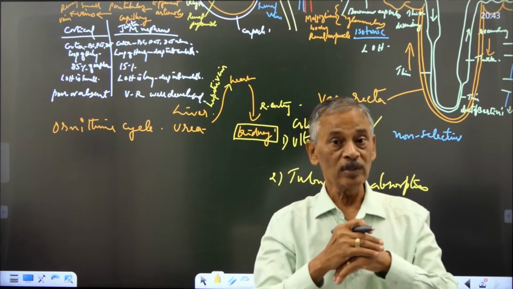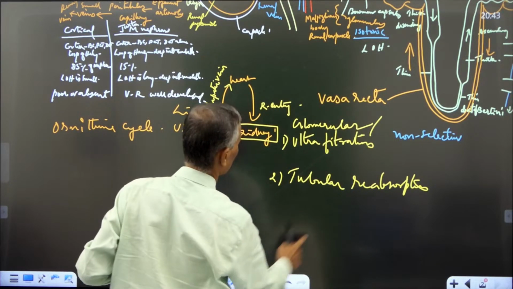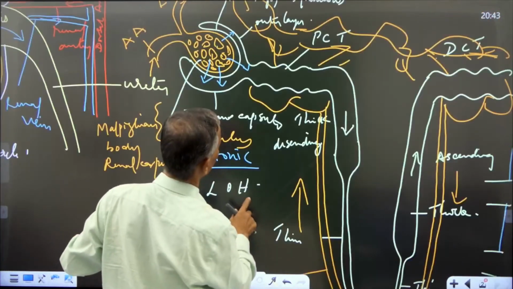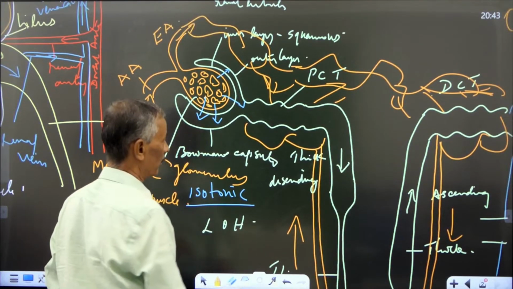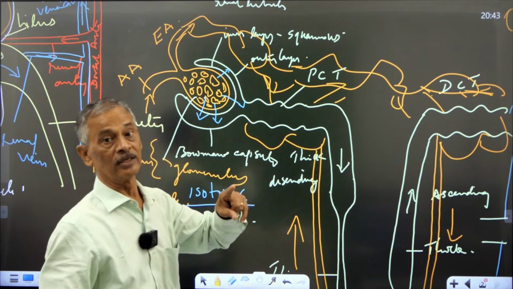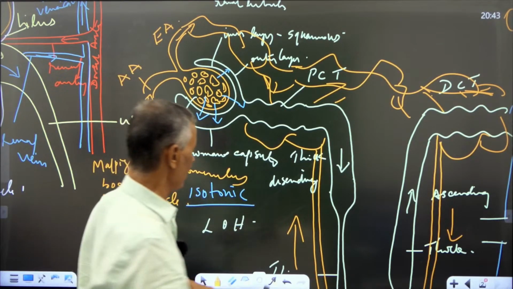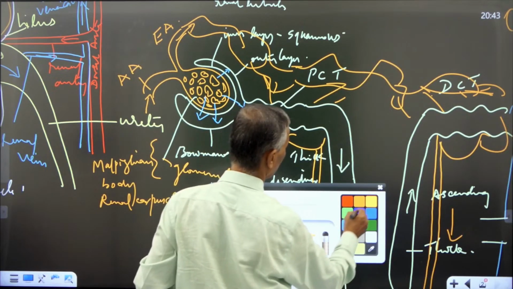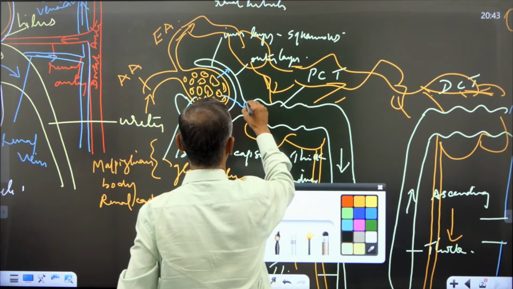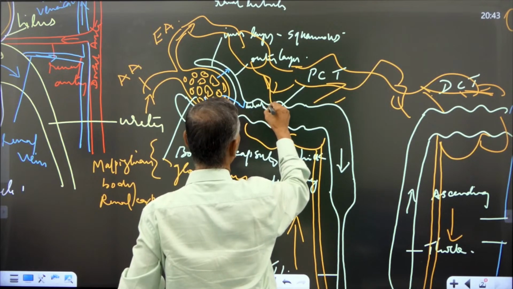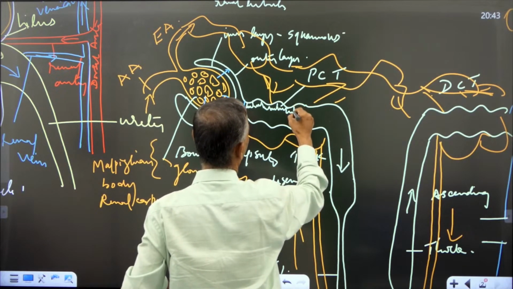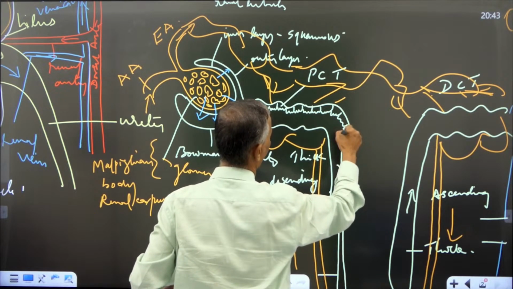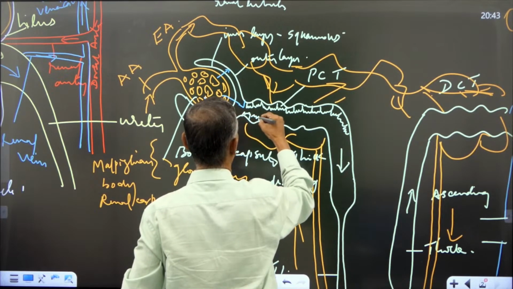How are they absorbed? Understand this clearly: this absorption takes place because the walls have cuboidal cells, meaning cells which are cubical in shape, with abundant mitochondria and a large number of microvilli. So they have what is called a brush border epithelium.